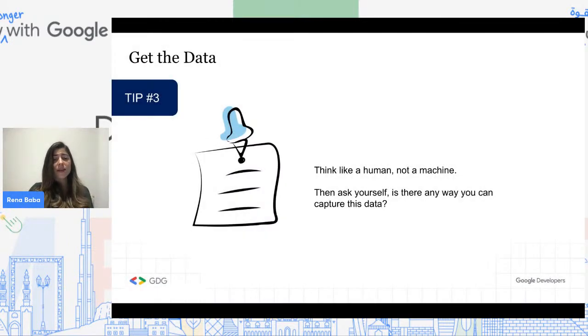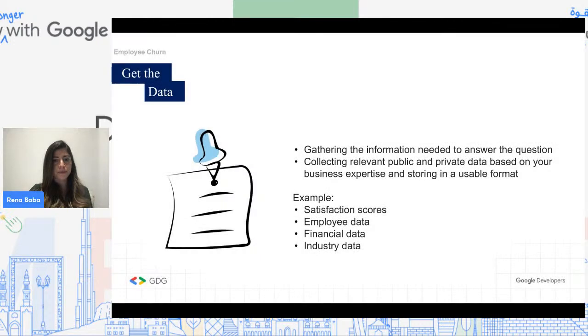The most important thing here is really to think like a human. Think about when an employee is likely to leave, what are some of the things that might influence this decision for a person to leave? You can do some research, then ask yourself, where can I get this data? Is this data in our systems? Is this data available publicly? This is an exercise that you need to go through, and it requires a bit of research.